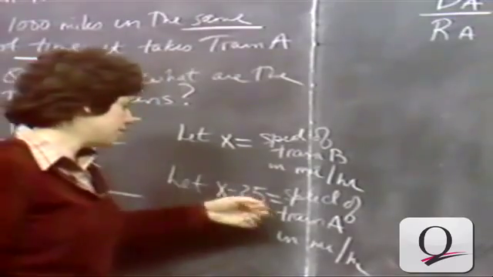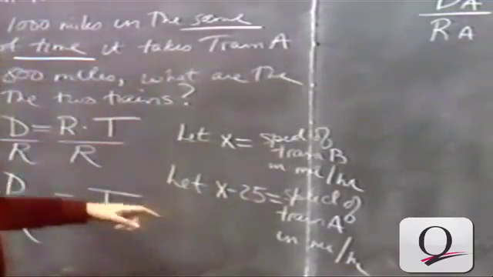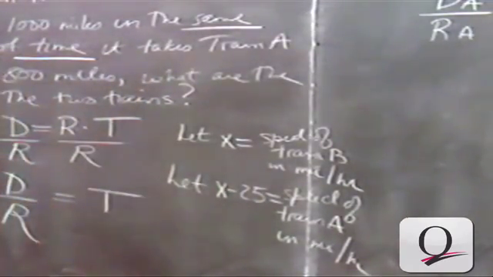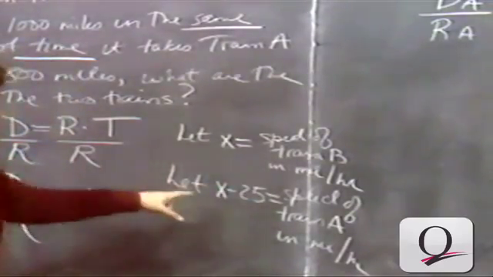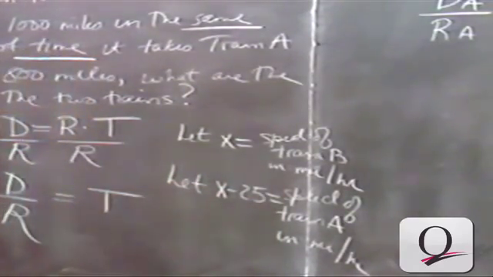Train A travels 25 miles per hour slower than train B. So if x is B, 25 miles less than that, x minus 25 would be the speed of train A.